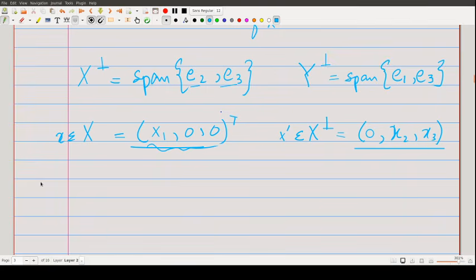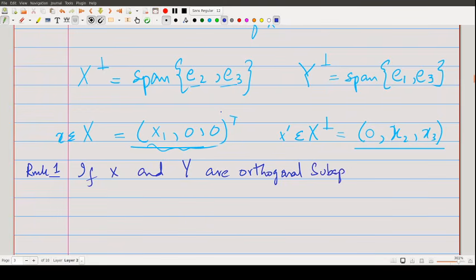Okay, and so a couple of remarks. Remark number 1: if X and Y are orthogonal subspaces of Rn, then there will be nothing in their intersection.